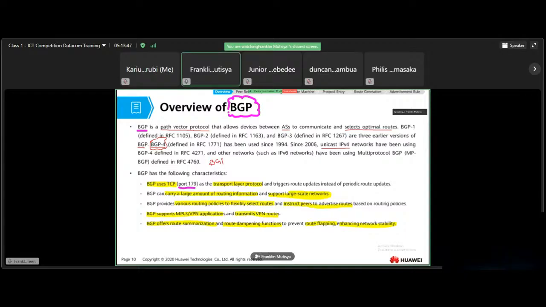And this one is used for IPv6 networks. So BGP4 plus is used for IPv6 networks, BGP4 for IPv4 networks.